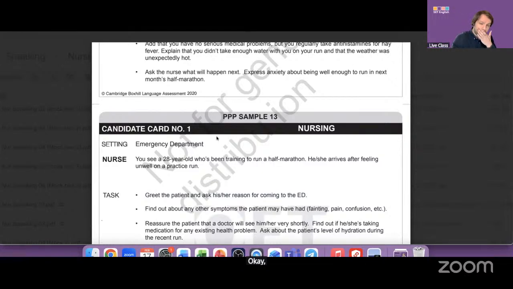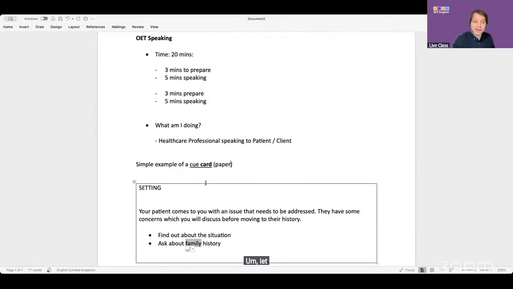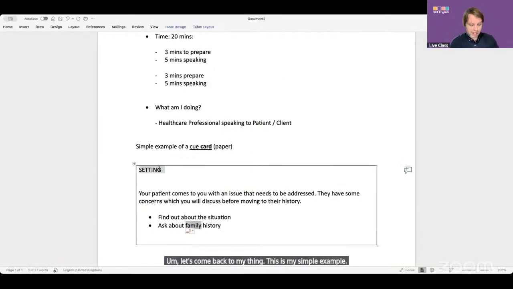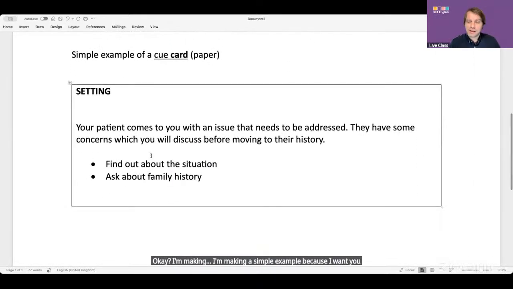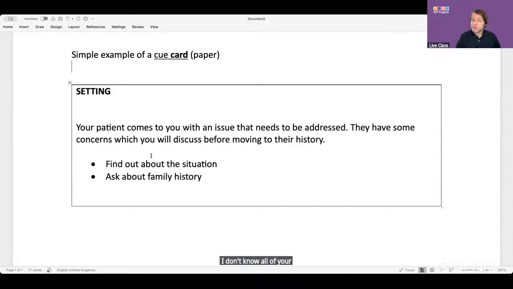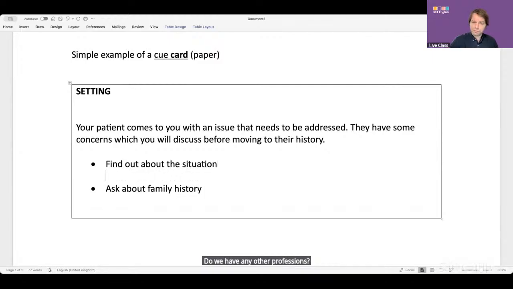Now, let's come back to my thing. This is my simple example. I'm making a simple example because I don't know all of your professions. We've got nurses, we've got doctors. Do we have any other professions? Anyway, it doesn't matter which profession.